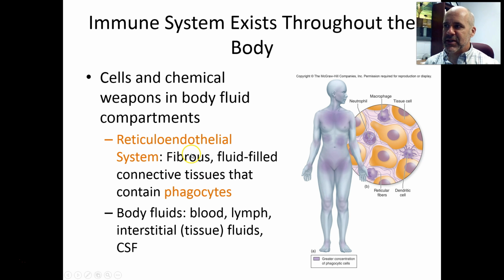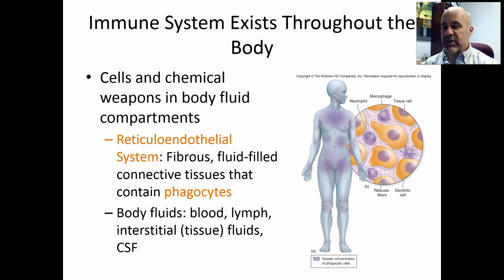This is referring to, when you take Biology 201, you learn you have your epithelial tissues, and then underlying your epithelial tissues, you have connective tissues. Those connective tissues have lots of protein fibers in them. They're fibrous. They have a jelly-like fluid filling.